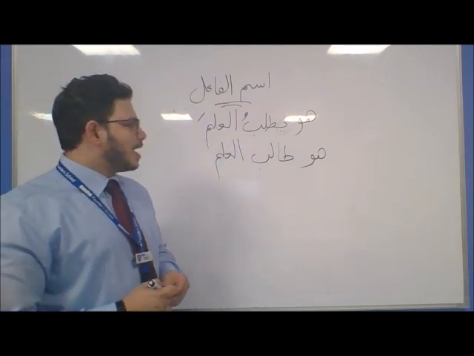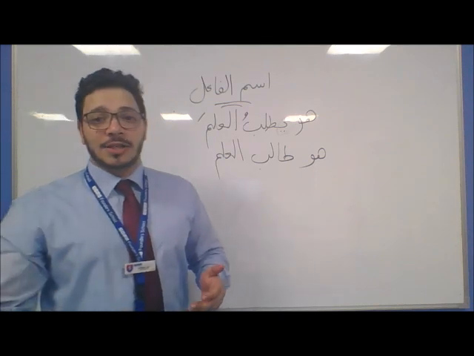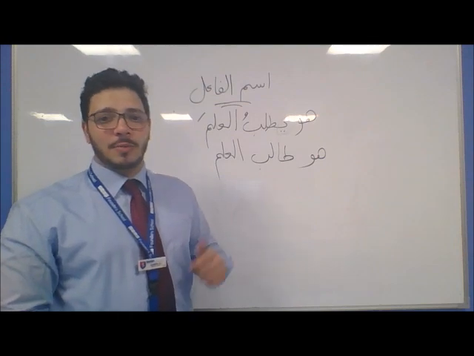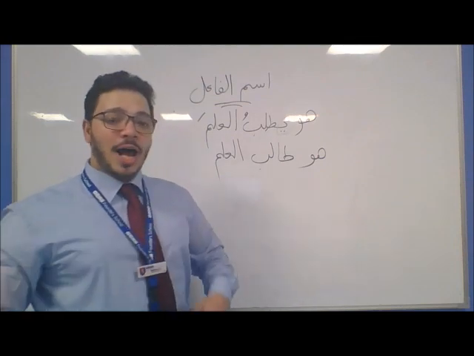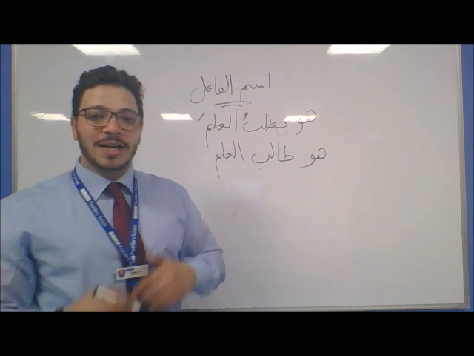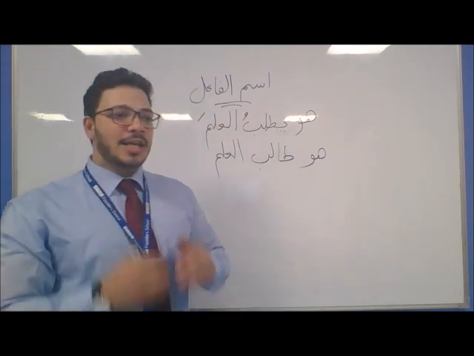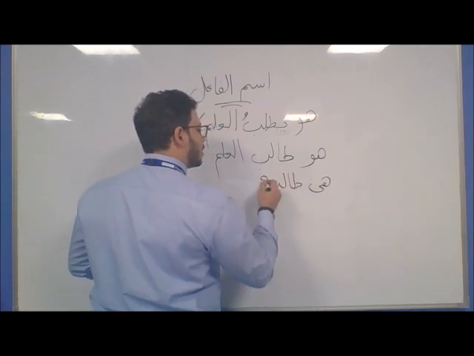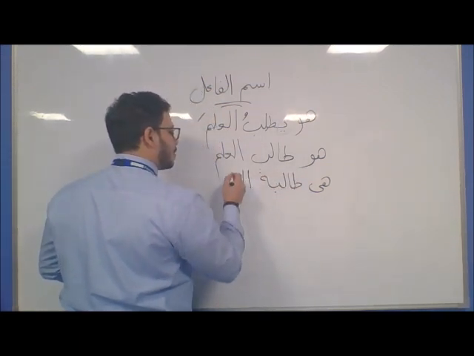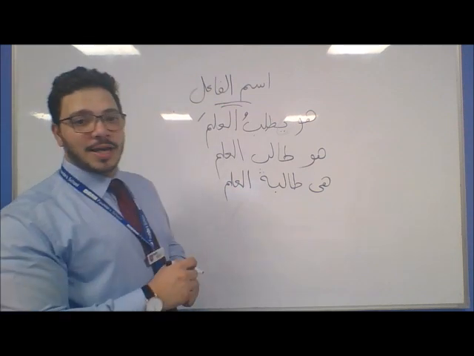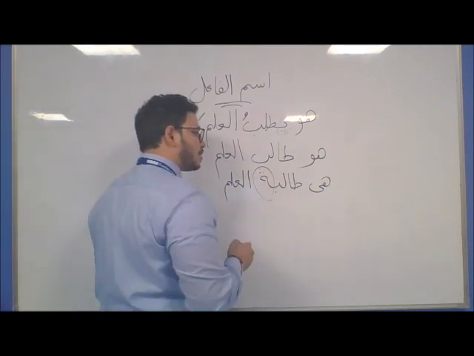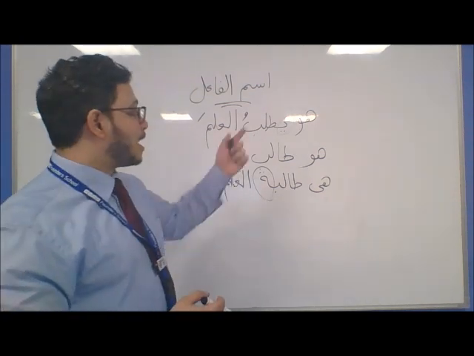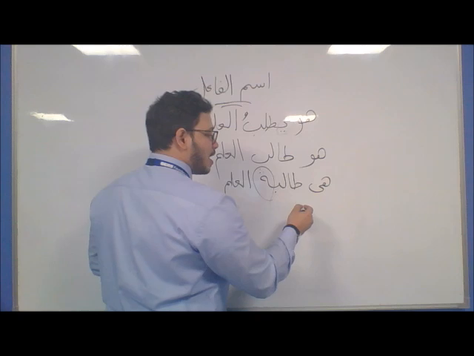I will hear some of you say that طالب means student. Yes, it means student because the student is the one who is asking for knowledge. So هو طالب العلم, he's asking for knowledge. And of course, we will do that by adding ta marbuta at the end of the word now, because it's not a verb anymore, it's a noun. And we add the alif after the first letter.